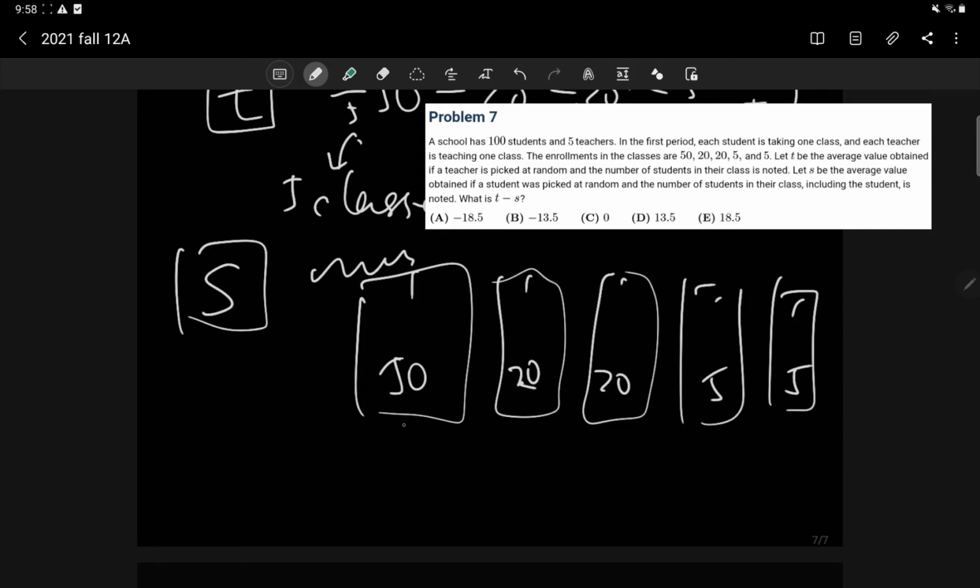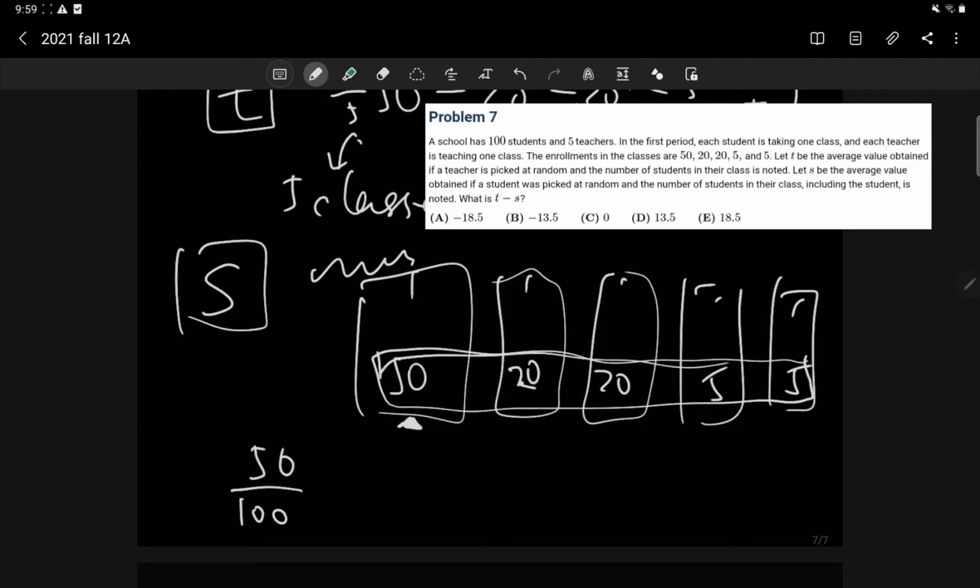If we randomly choose a student, what is the probability of it falling into this class? I think it's 50 over 100. What is 100? 100 comes from the sum of these numbers.